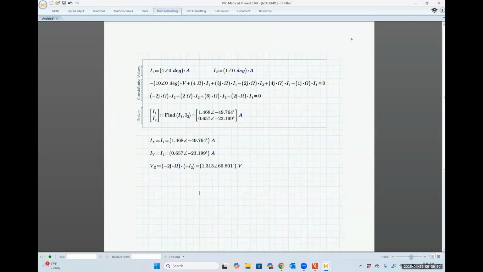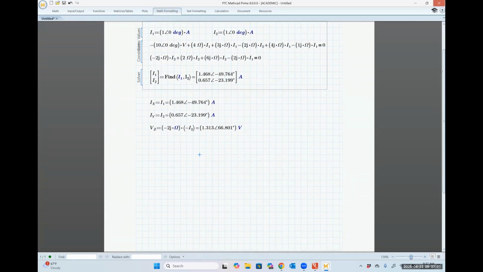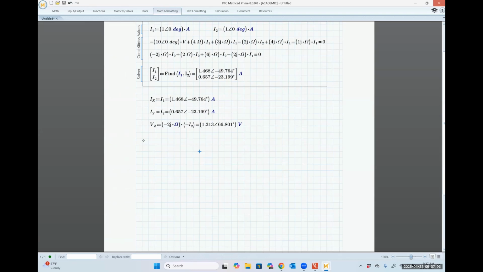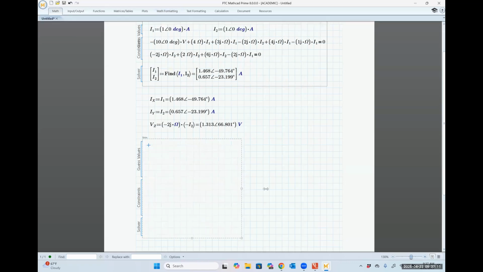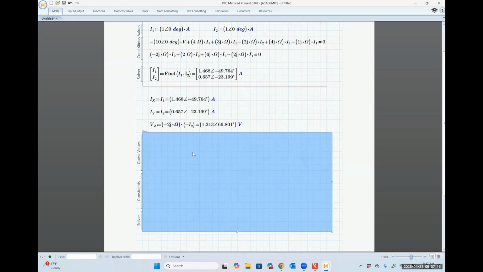So another way that we could potentially do this is to let MathCAD handle all of the substitutions for us. So instead of just saying I1 and I2 are my only variables, now I'm going to say that I1... What's up?